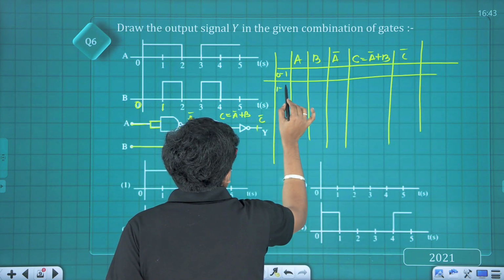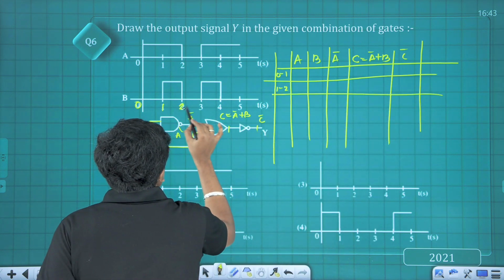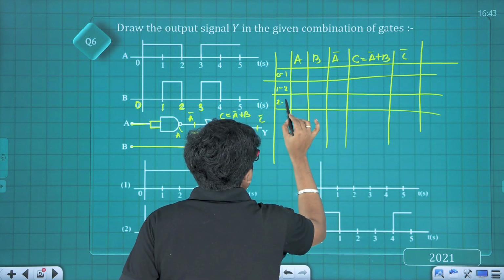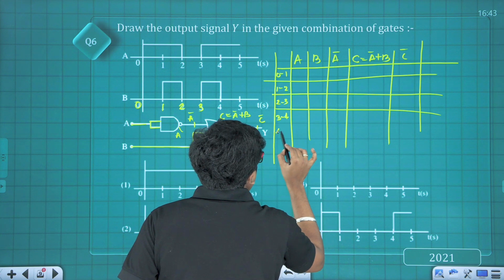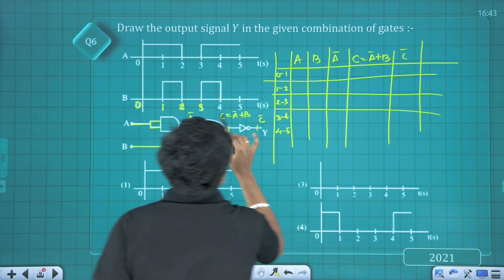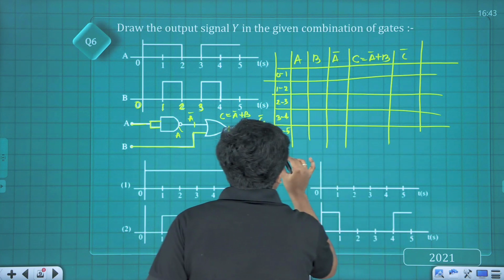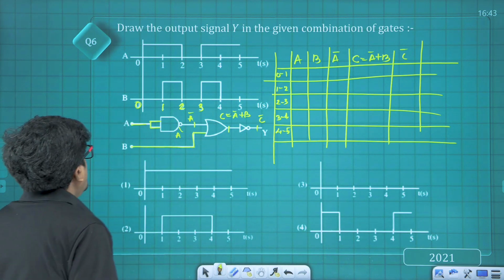And after that 1 to 2. Okay, then 2 to 3. Then 3 to 4. Then 4 to 5. That's what we have.